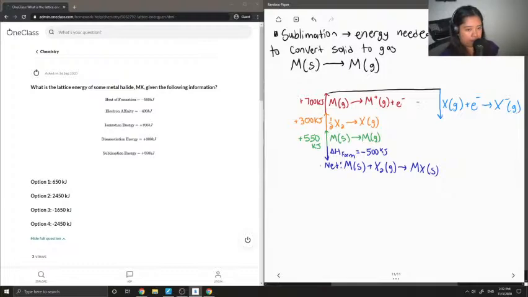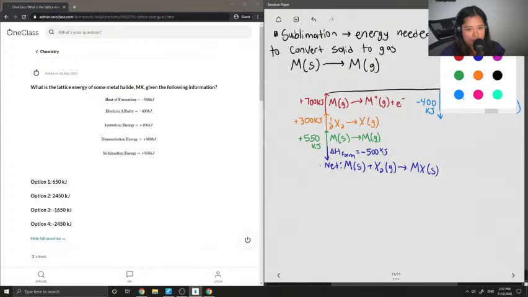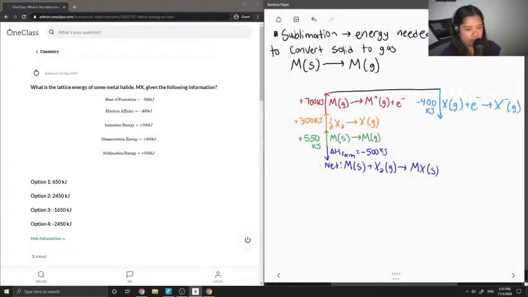So this released 400 kilojoules. And what also released energy is the value that we're looking for, called lattice energy.